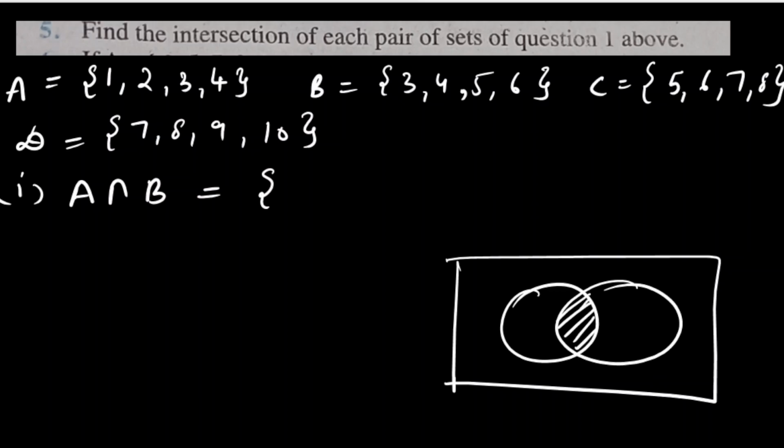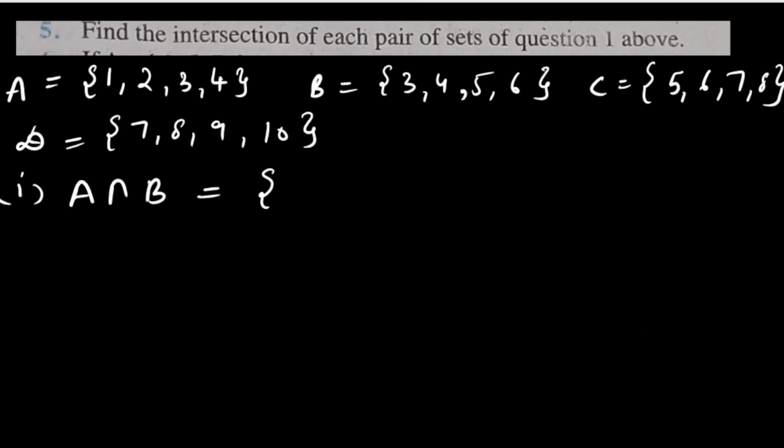This is the meaning of A intersection B: only the common elements, no extra. So what are the common elements of A and B? 3 and 4. In A also we have 3 and 4, in B also we have 3 and 4. So A intersection B is 3 and 4.